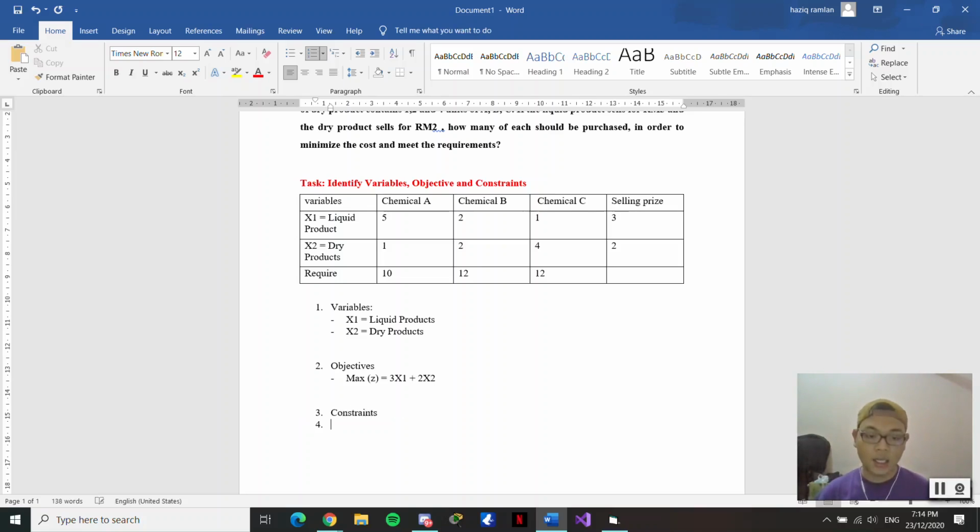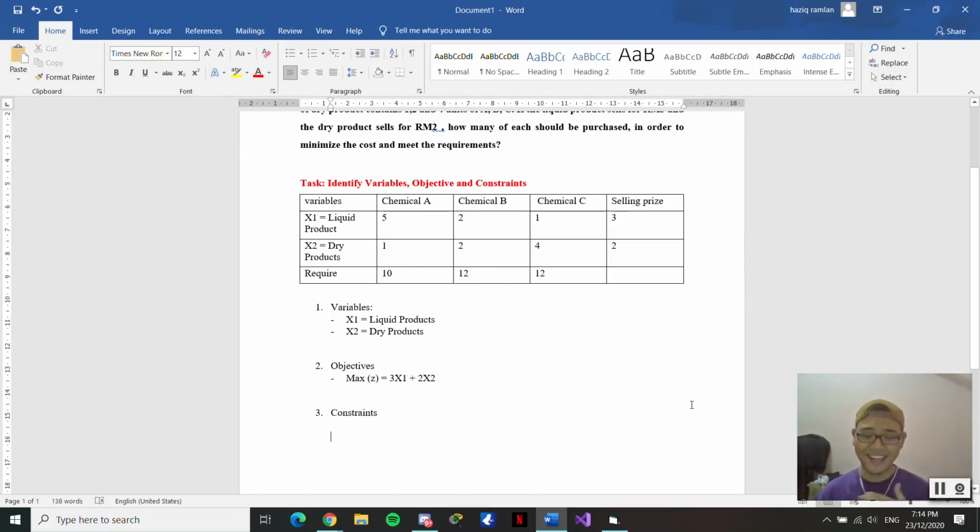Constraints. Like I said, we're going to change it to a linear equation. So we're going to read it not across here, but down through here.